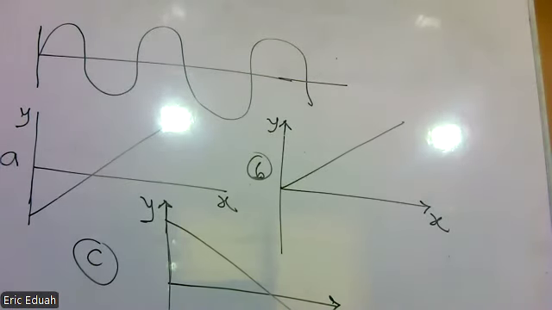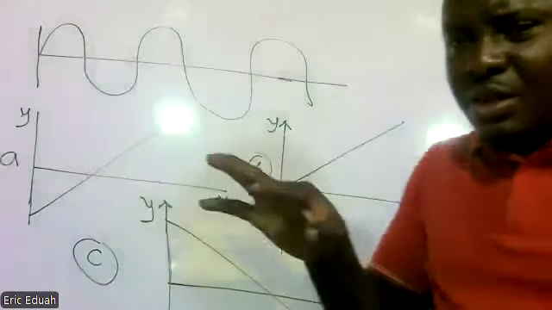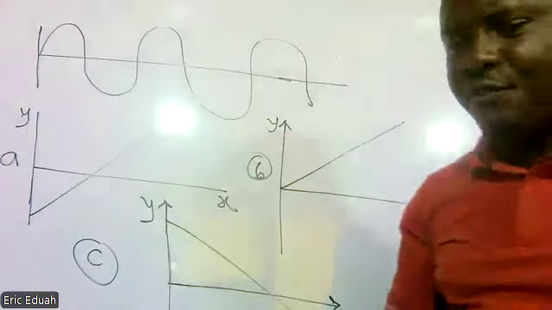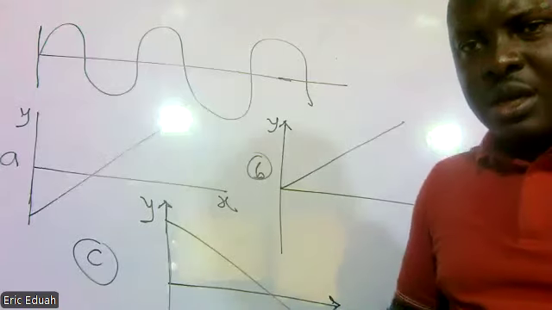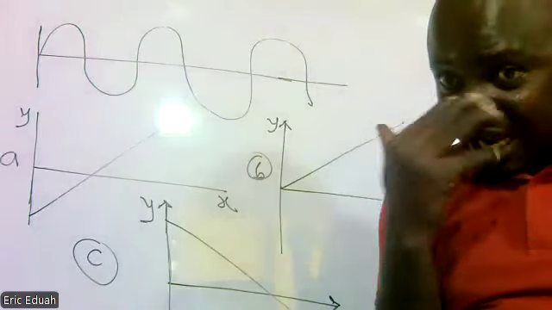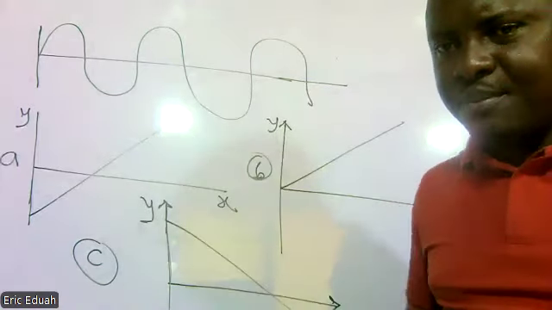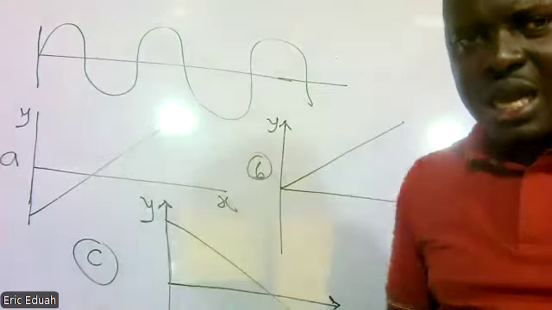Now, each of these graphs has its own equation. If I ask you to draw something which represents a linear graph, you draw any of these three. Symbolically, this is what represents the graph of a linear motion, or a straight line graph.